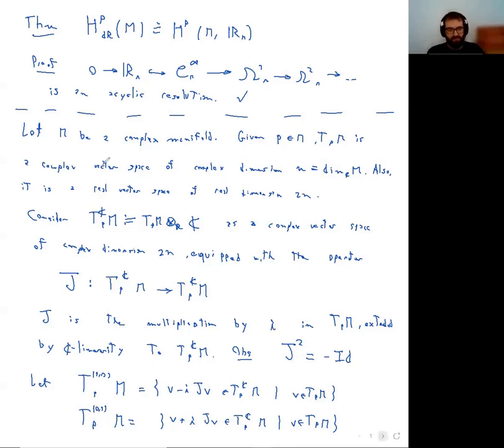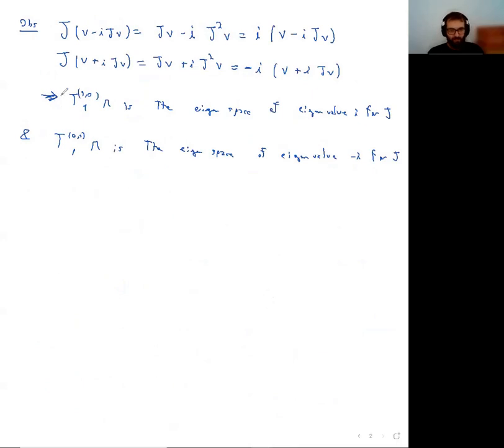The last argument is sketched, in the sense that here I said implication. We saw that if you apply J to an element of T^{1,0}, you get an eigenvector with eigenvalue i, and the same for negative i. So I claim that this is exactly the eigenspace, but just from this it's not immediate. This just means that it's contained in the eigenspace.